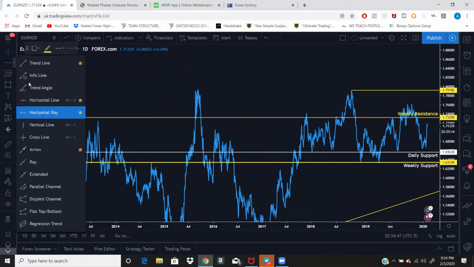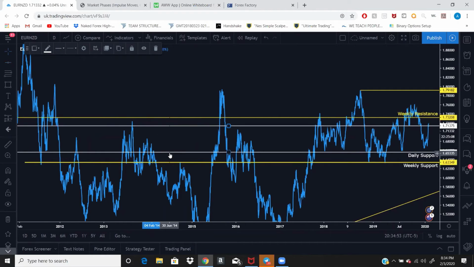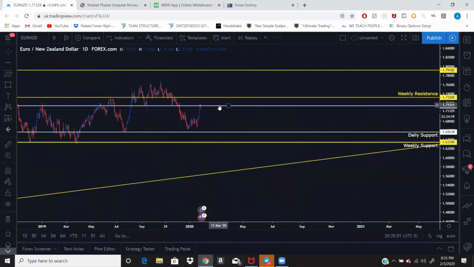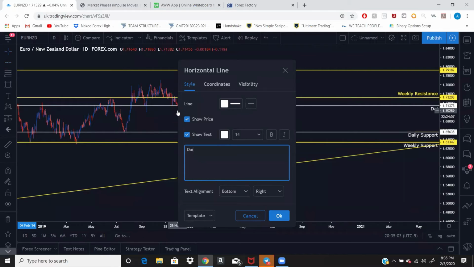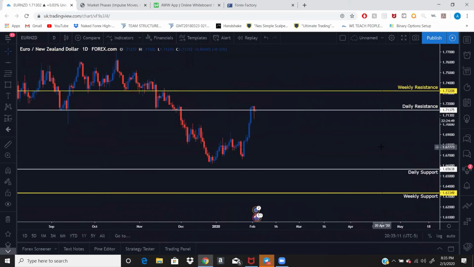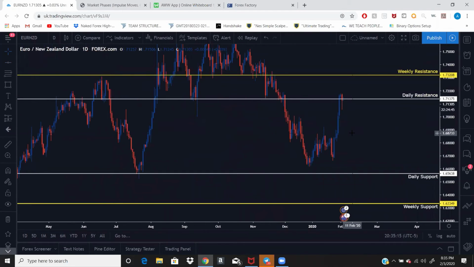Okay, this looks like it's hitting daily already. Let's go back to candlestick. Yep. All right, let's see now. Well, this is right at the daily resistance.